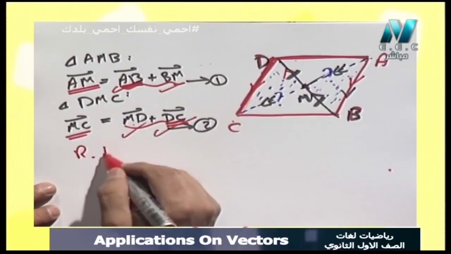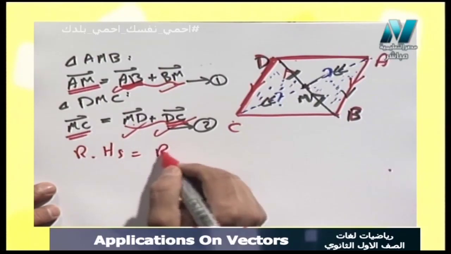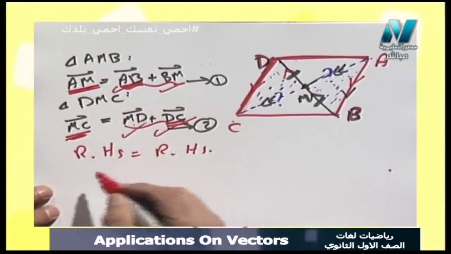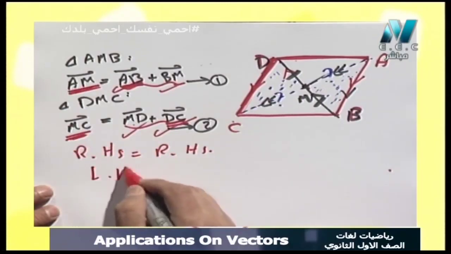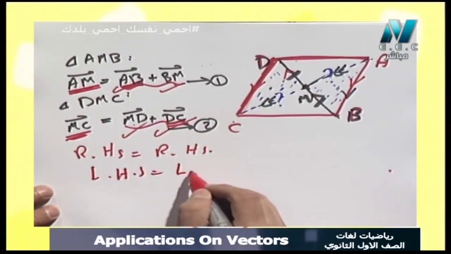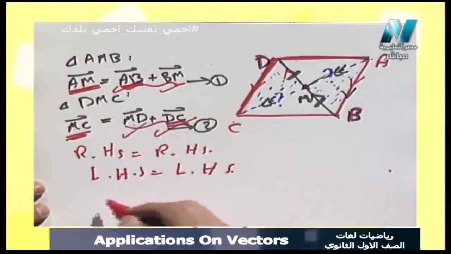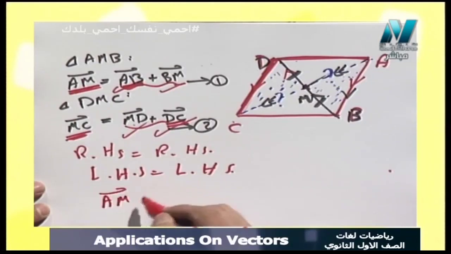So right hand side equals right hand side, and of course left hand side equals left hand side, which is the vector AM, which of course equals the vector MC.